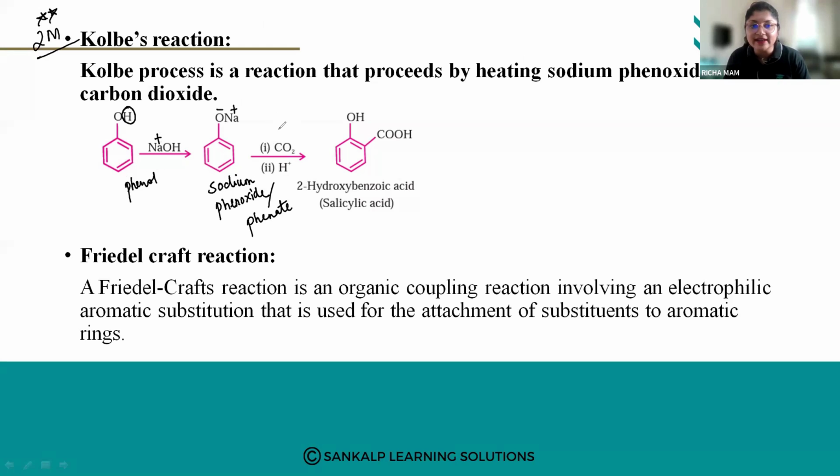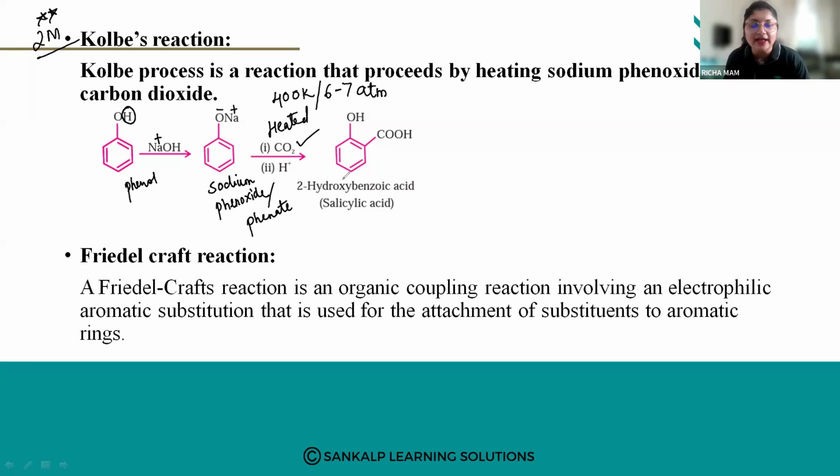This sodium phenoxide is heated with carbon dioxide at 400 Kelvin and 6 to 7 atmospheric pressure, and forms sodium salicylate.